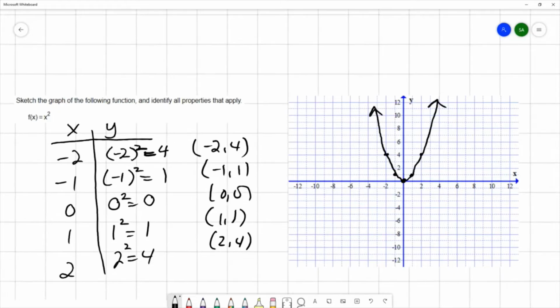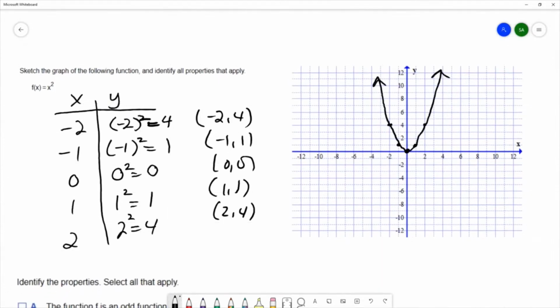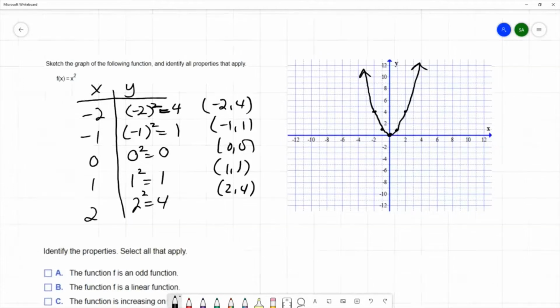And now I want to go through these properties to see if they apply. The first property says this function is an odd function. An odd function has origin symmetry.